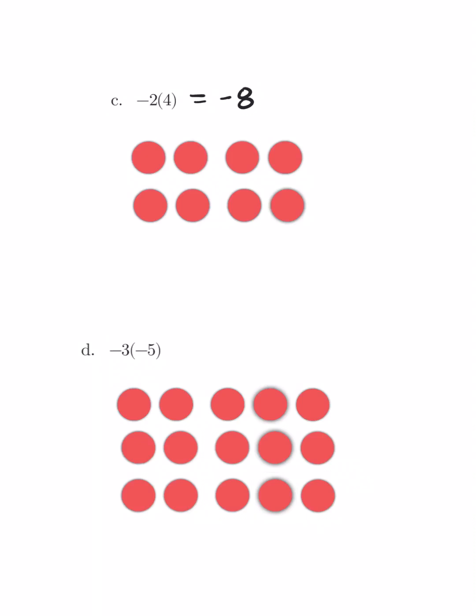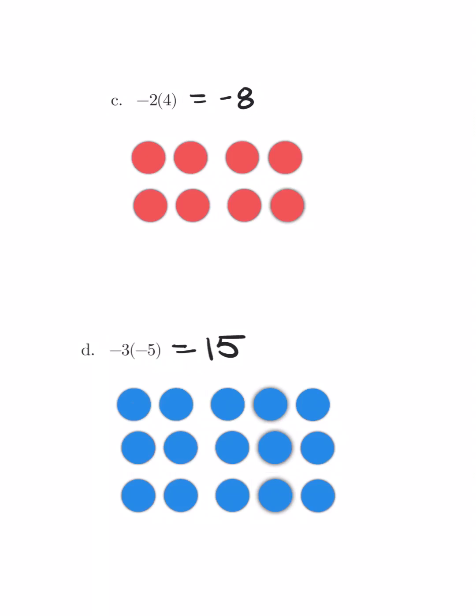The first negative, on the outside, means we're going to change all of these to blues. And so what we end up with here is positive 15. So negative 3 times negative 5 is equal to 15.